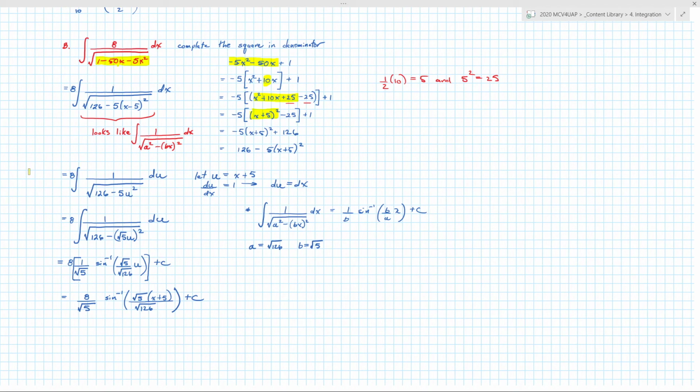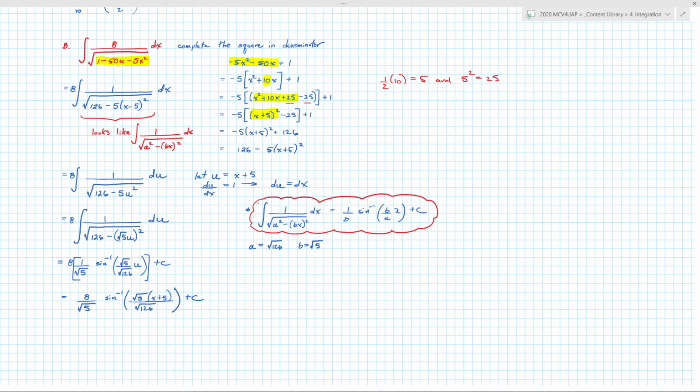And so again now, I'm using the formula from the lesson 2 classes ago, which is this thing down here. It's the whole point of this example, to make our question look like that integral. Our a is root 126, and the b is square root 5. So I just apply the formula now.